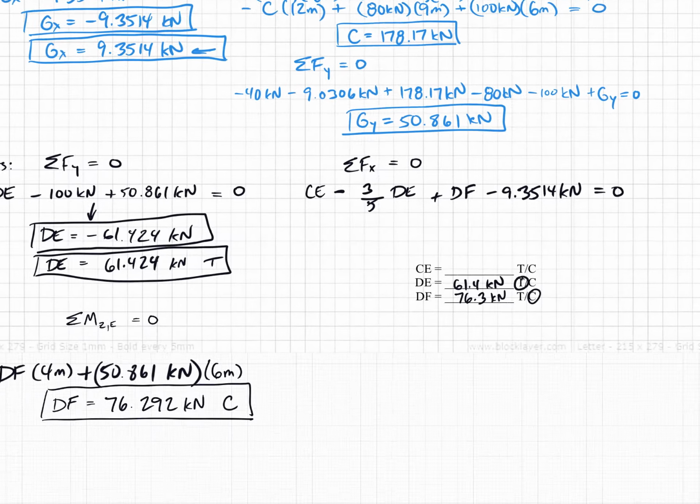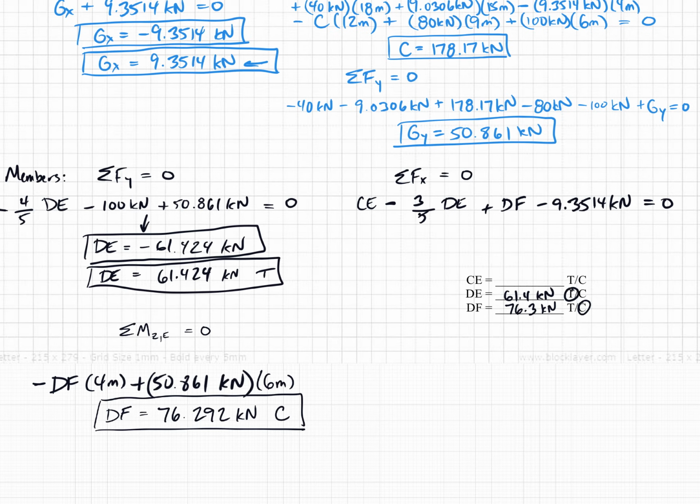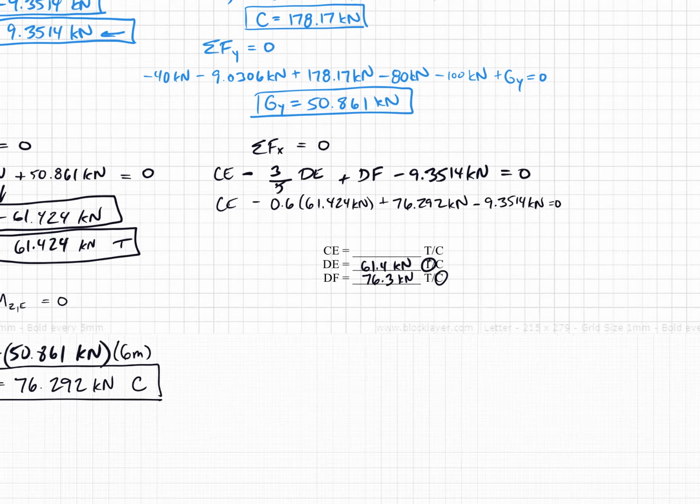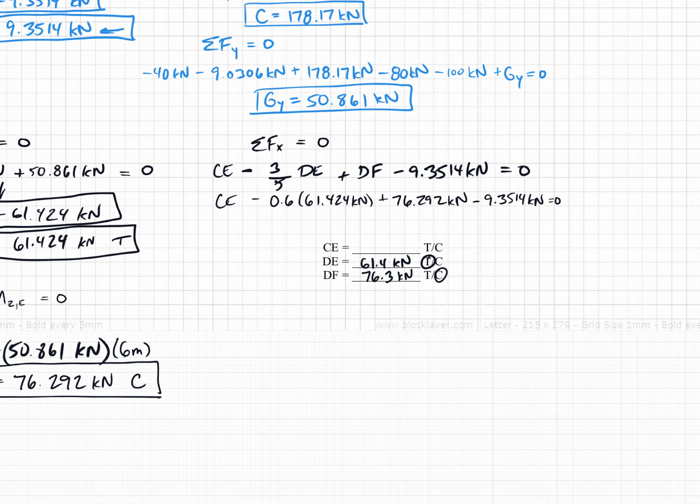So once we do that, everything I have is down here. CE is what we're looking for. CE minus 0.6 times DE, which is 61.424 kilonewtons, plus DF, plus 76.292 kilonewtons, minus 9.3514 kilonewtons equals 0. Now we just need to do some algebra here.